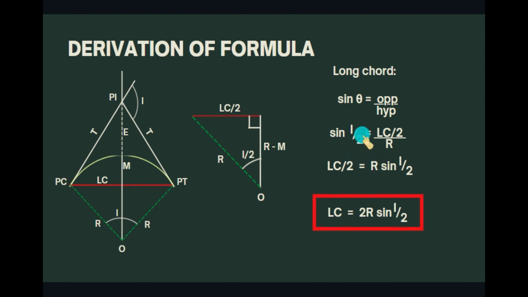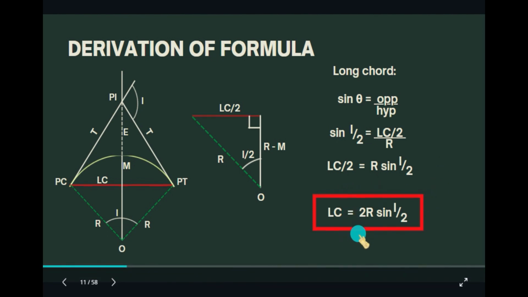So sine I over 2 equal to the opposite, which is LC over 2, since the half of the long chord would be LC over 2, and its hypotenuse, which is the radius R. We can cross multiply and end up with LC over 2 equal to R sine I over 2.